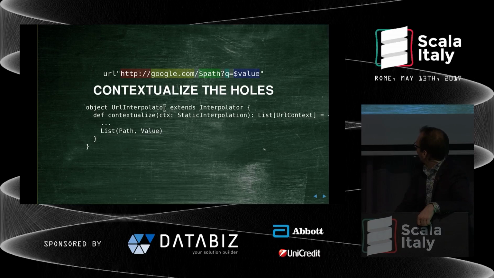Now, in our interpolator, what we're going to do is return from our contextualize method a sequence, in this case a list, of those contexts which we've just defined, representing the holes. There's a hole, because we don't know at compile time what that is. There is another hole. This one's in path position, this one's in value position.